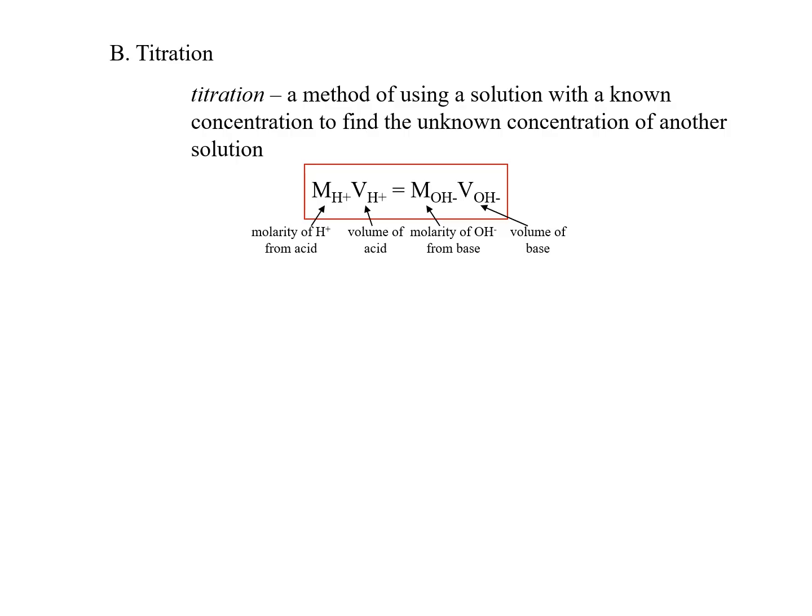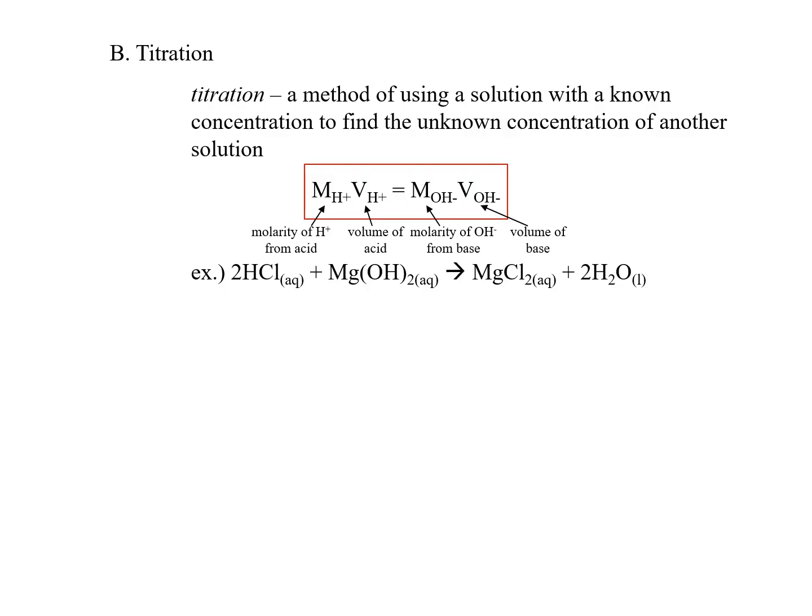Let's say, for instance, we were talking about phosphoric acid from the problem right before this. Phosphoric acid was H3PO4. There's 3 H's in H3PO4. So when we talk about the molarity of the acid, we're actually talking about the molarity of the H positives that you get from the acid. Okay?